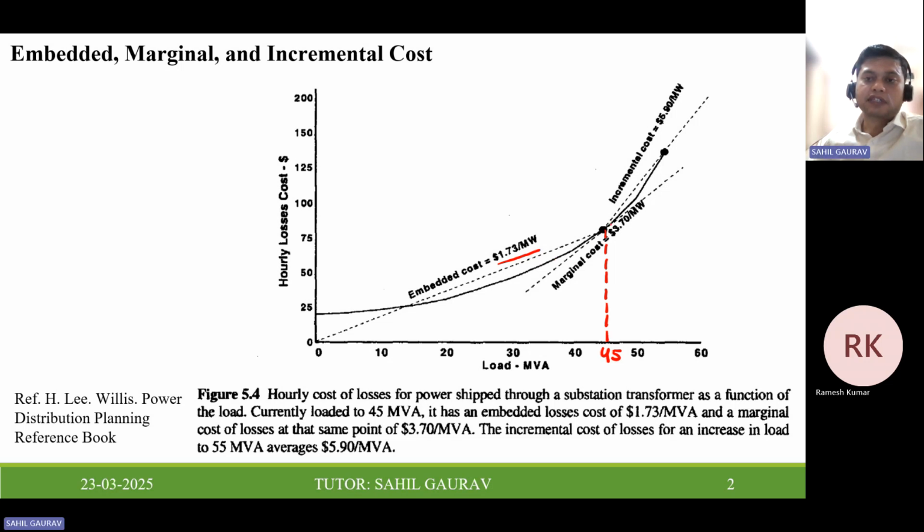The marginal cost is the slope, and the marginal cost of the losses at the same point is 3.70 per megawatt or MVA. For the incremental cost for an increase in load, suppose it went to 55 MVA, then the incremental losses cost will be $5.9 per MVA.